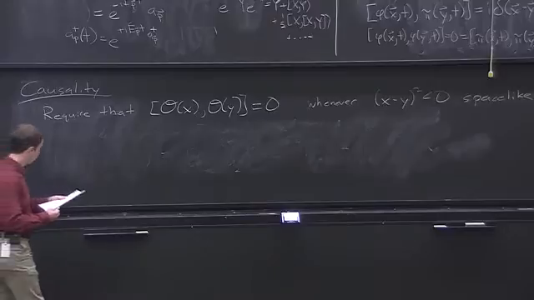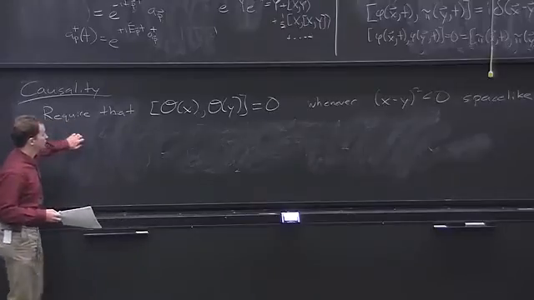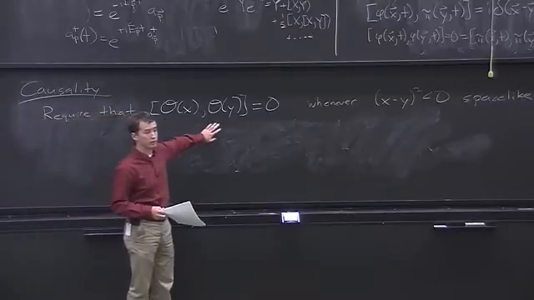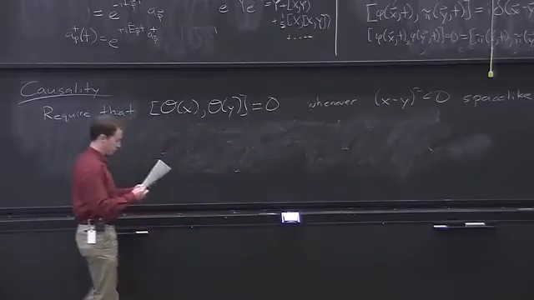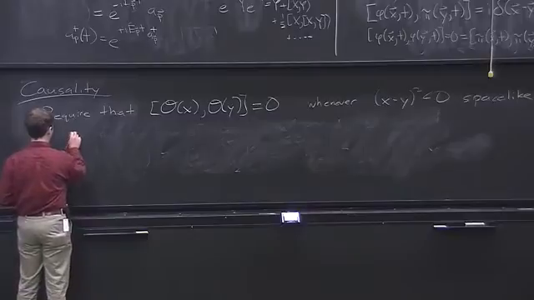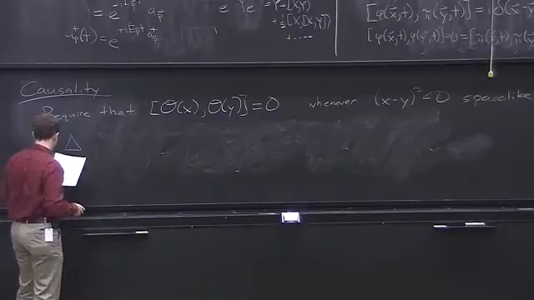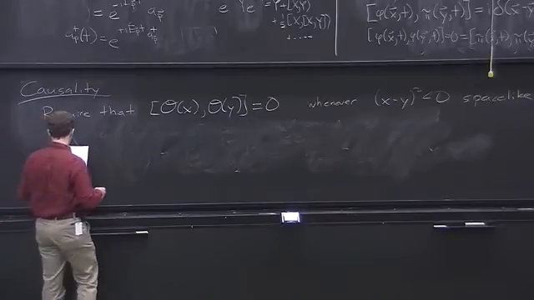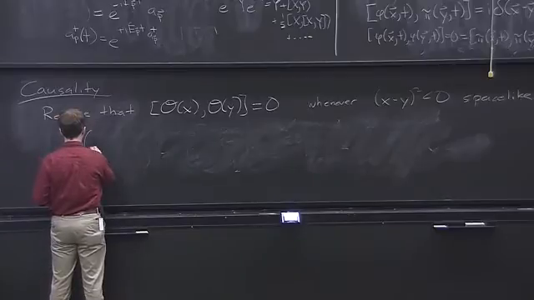Okay. So the simplest operators we can consider are just phi. So let's compute the commutator of phi of x with phi of y, which I'll denote as Delta.